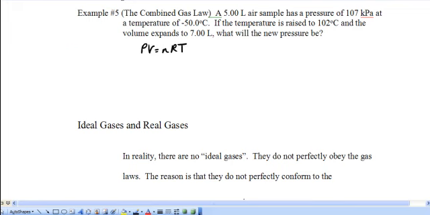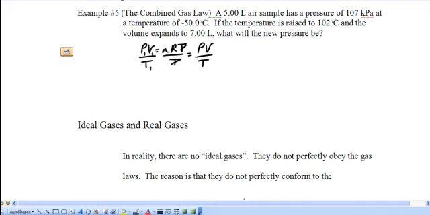You take all of your changing variables and put them on one side of the equation, and put all your constants on the other side. In this case, the pressure is changing, the volume is changing, and the temperature is changing. So what you're left with is, if I cross out the n's and R, PV over T equals nR before and after the change.